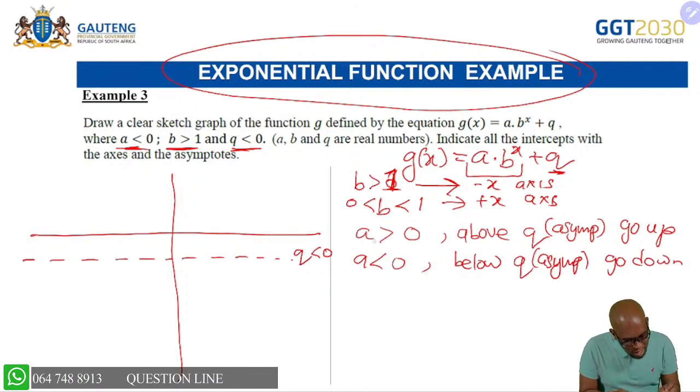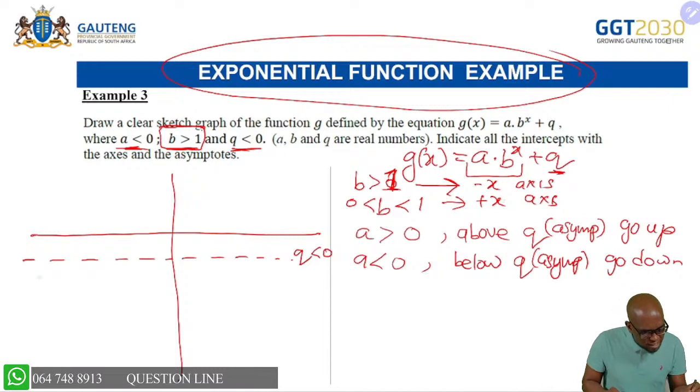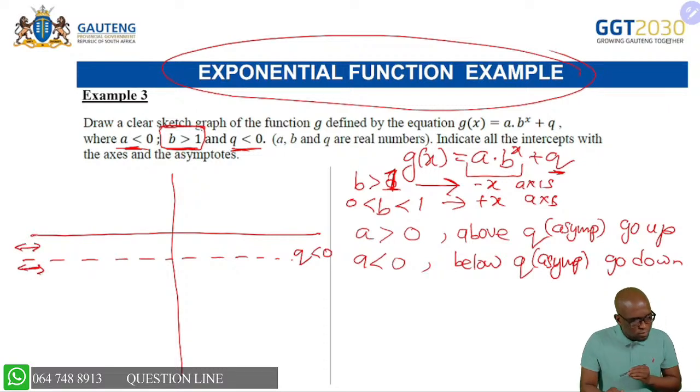They say here b is greater than 1. What does that tell you? B greater than 1 tells you you start on the negative x-axis. So the graph should be starting on the negative x-axis, either here or there. Now, the value of a.